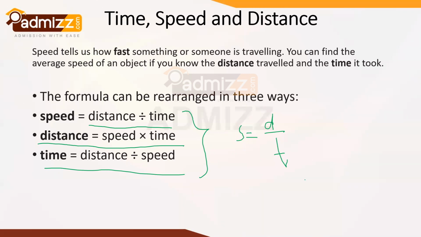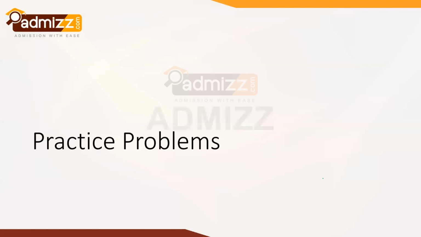Once you know this formula, I think this entire section becomes quite easy. You will have to know a bit of basic concepts such as finding the average speed, but once we get into the problems, those concepts will be quite clear as well. So let's directly move on to some practice problems.